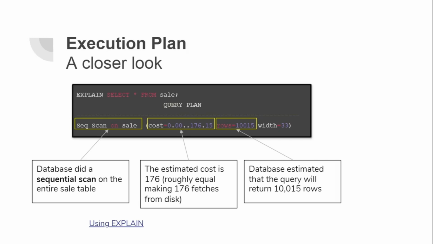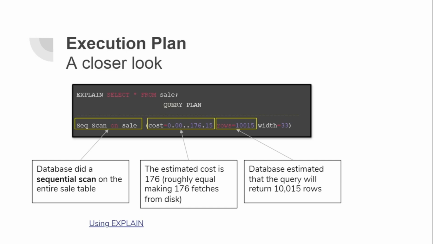So let's take a closer look at the execution plan. If you explain select from sale, this is the execution plan we've got. The first part is the command. What is loops? I'm not going to go into loops, but I'm going to explain other parts of the execution plan.